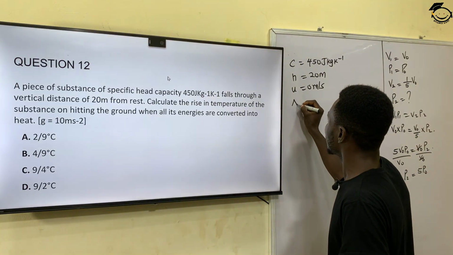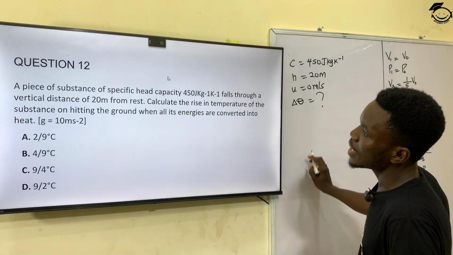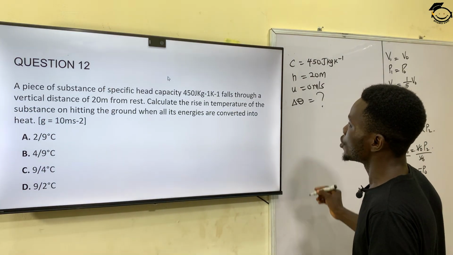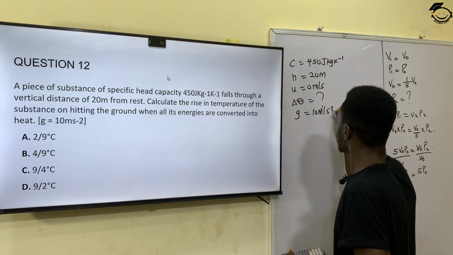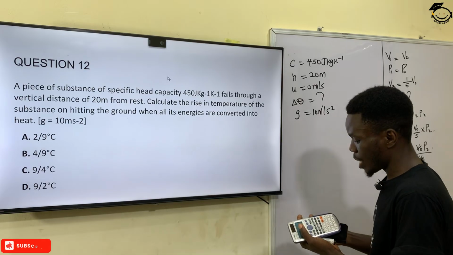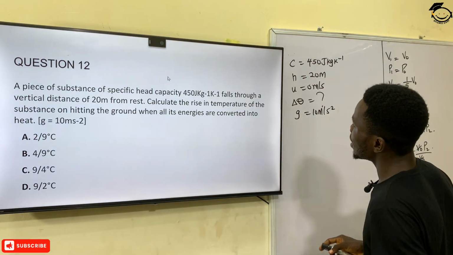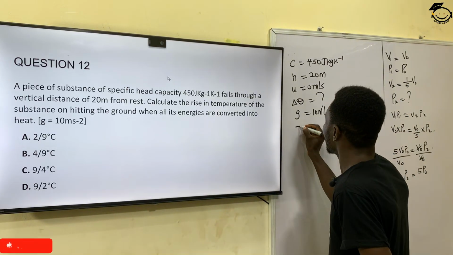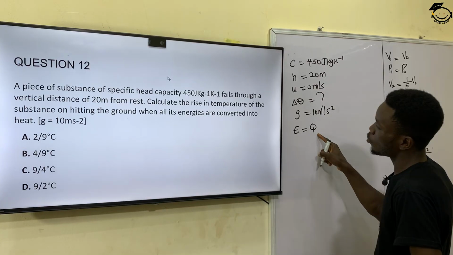So we are looking for change in temperature. We do not know. Of the substance on heating the ground when its energies are converted to heat. So they gave us G as 10 meter per second square. So what I am simply asking you here is to relate the energy in specific capacity to a regular energy formula. We know that energy, or quantity of heat, so my energy is also equal to quantity of heat.